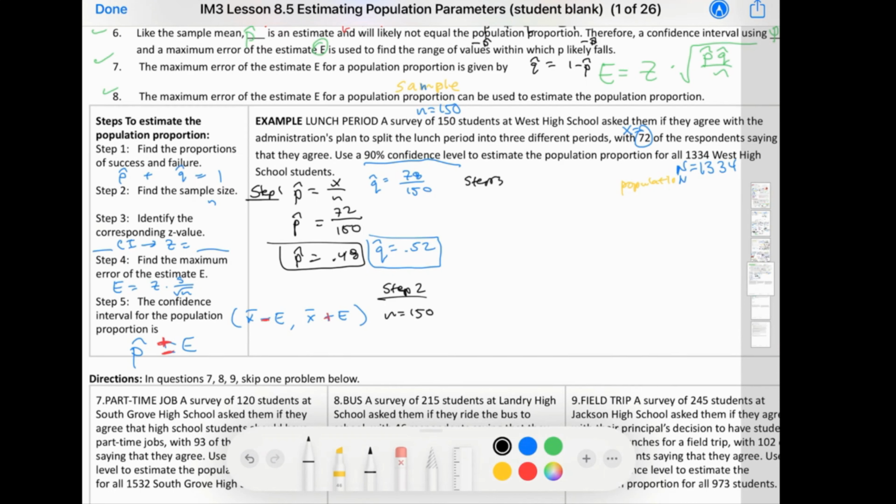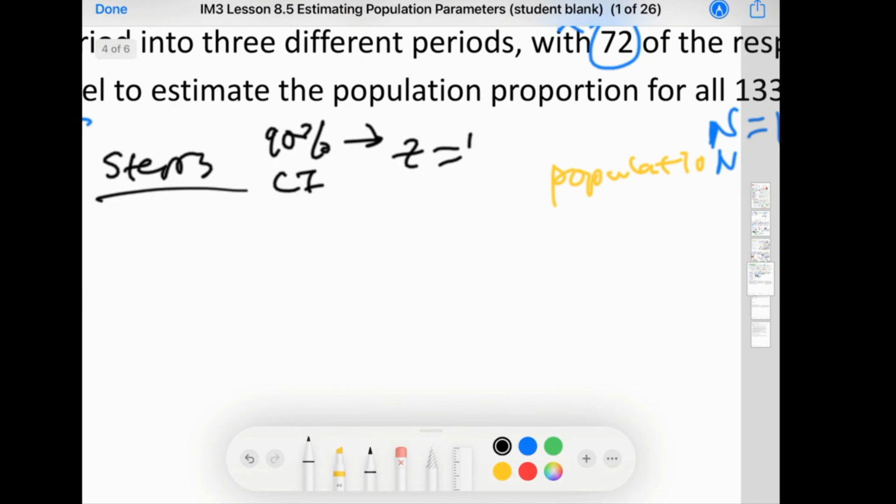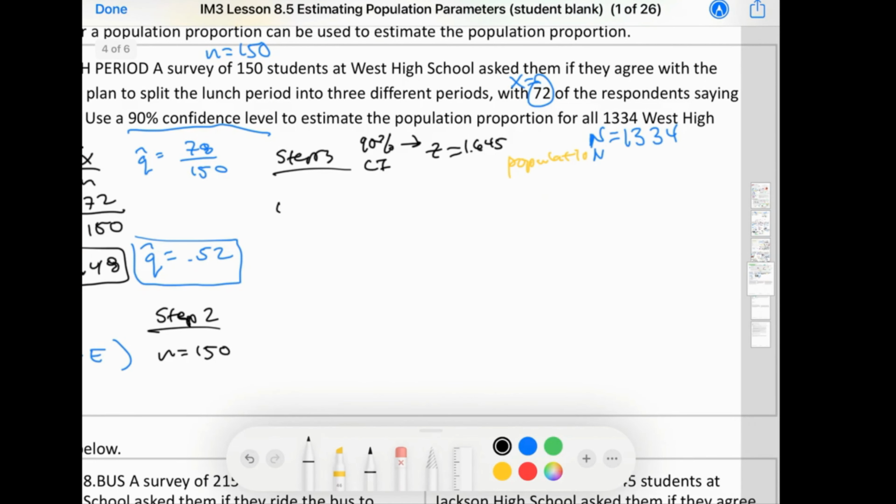All right, step 3, our confidence interval of 90% basically gives us a z-score. Look back at your chart. It's 1.645.